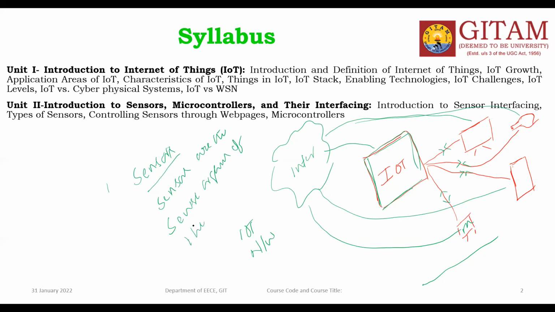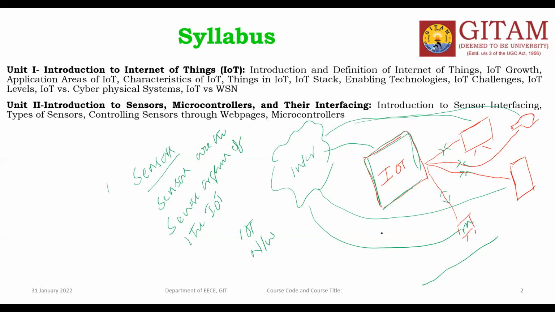of the IoT. This IoT can smell, can look at all the things, and based on that, suppose there is a fire sensor, FS, for example.